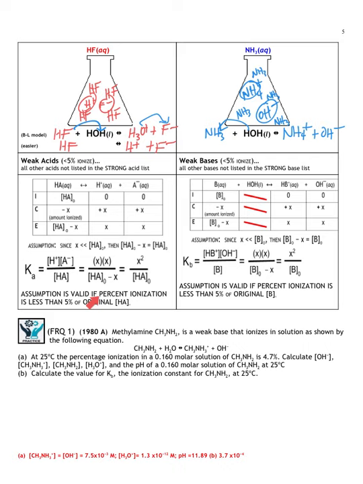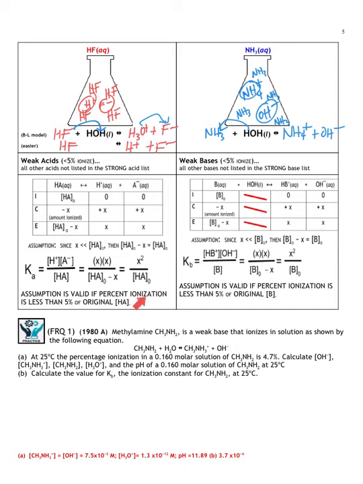Now, if you're going to assume X is small, like you did here, since X is much smaller than the original concentration of the acid, then you can just get rid of the X, and so the concentration of HA originally is what you see. You zero out the X, and so the original concentration is what you see here.